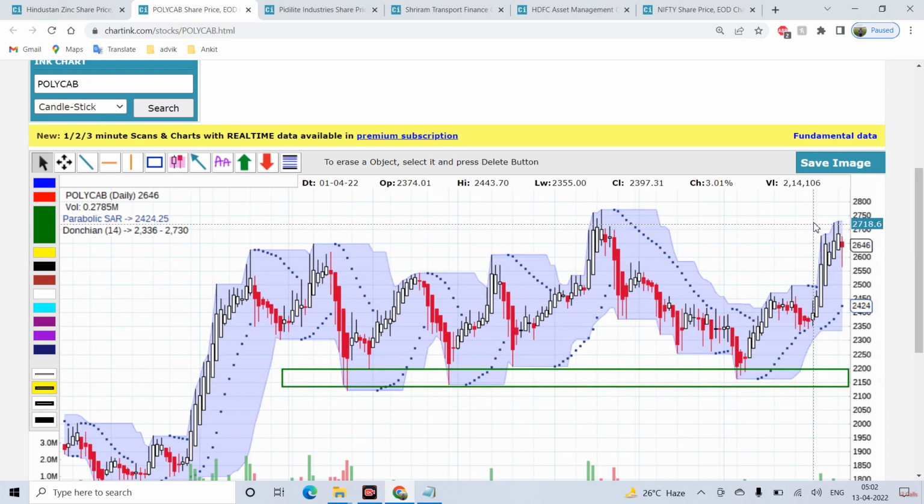So if you see this coming down again around 2200 or a little below, then below this support range, your range is 2130, so maybe 2100 or 2070 becomes your stop loss, and then you trail it high. Looking at the trend, we can expect movements towards 2500 and even 2700 also.